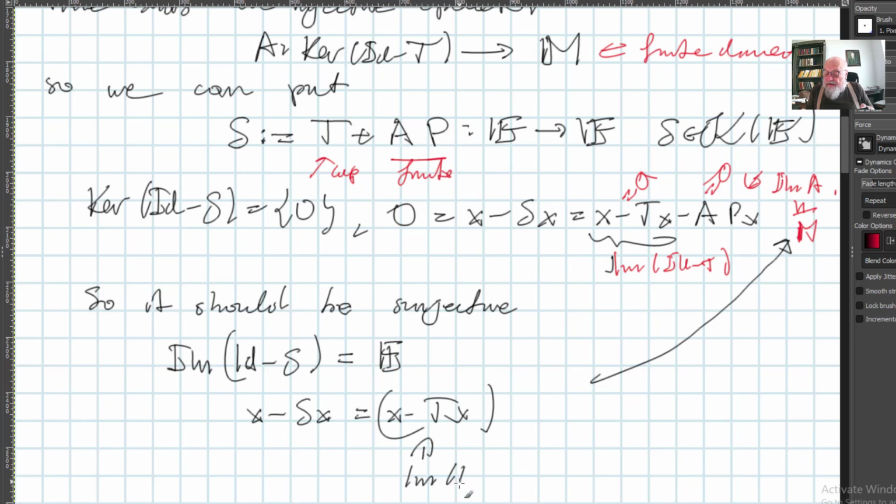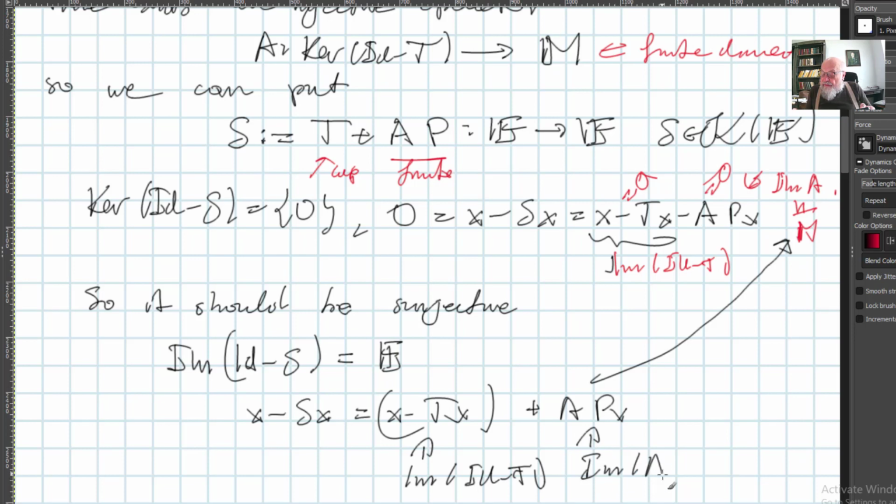This was belonging to the image of identity minus T, and that one was belonging to the image of A, the second part, plus A of P of x.